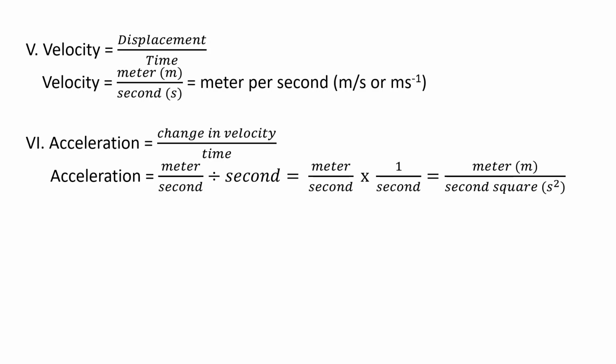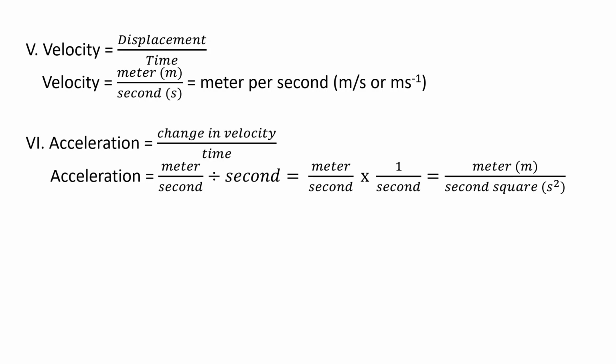This will give you meter over second times, the division, the reciprocal of it will be multiplication, so times 1 over second. And this will help us to get meter over second square.